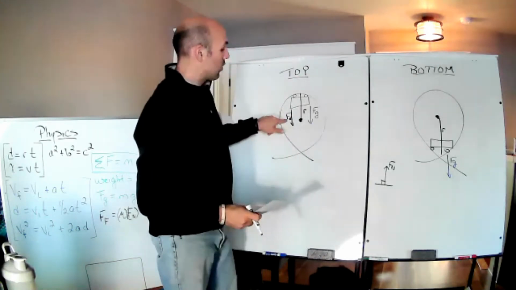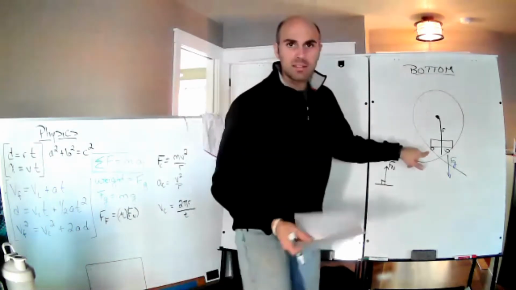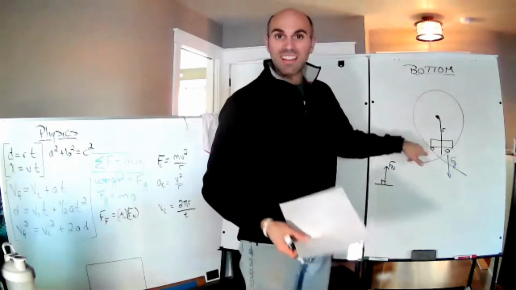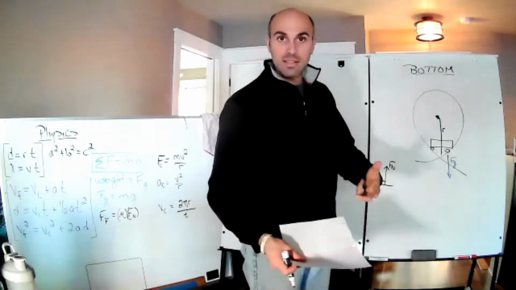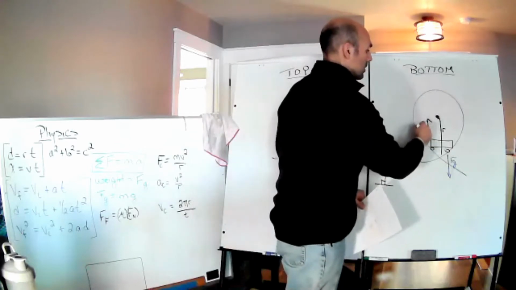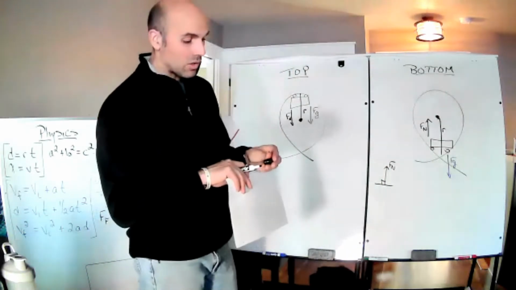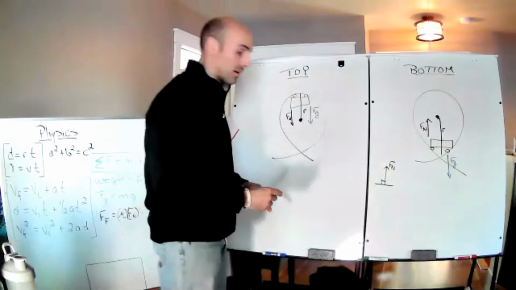Fn, normal force, and gravity. Over here, this is something that we're more familiar with. It's like us sitting down on a bench or on a seat, a pen on a desk. The normal force will be pointing up. So there is a major difference right there.